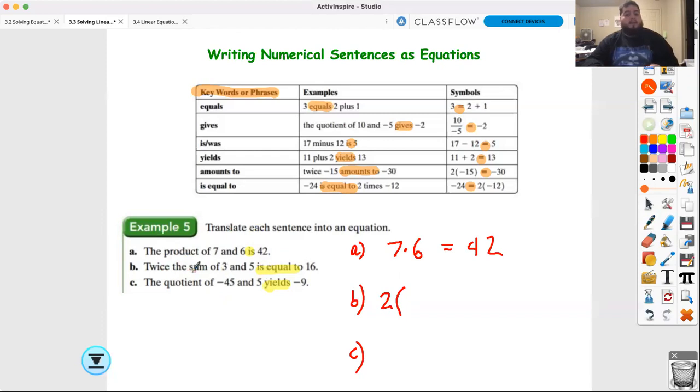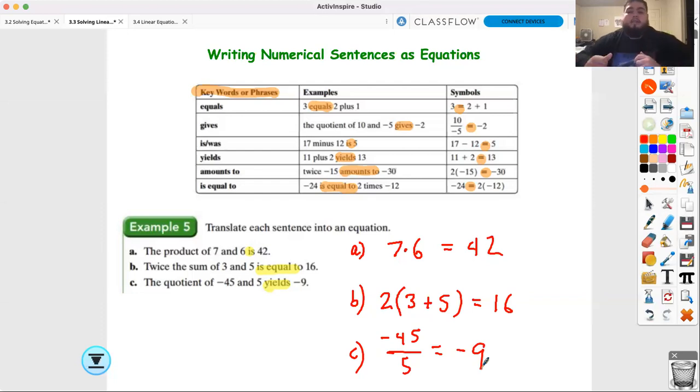We're gonna multiply, double the sum of 3 and 5, right? Is equal to 16. The quotient of negative 45 and 5 yields negative 9. And we're done with Example 5.